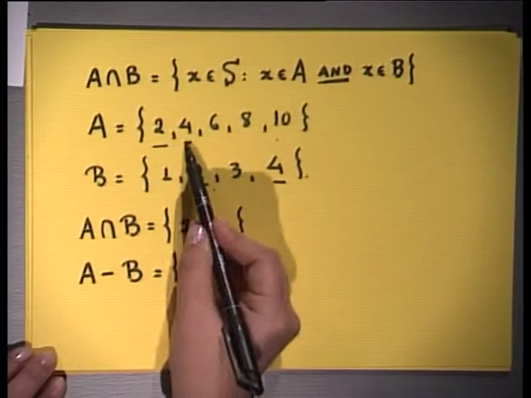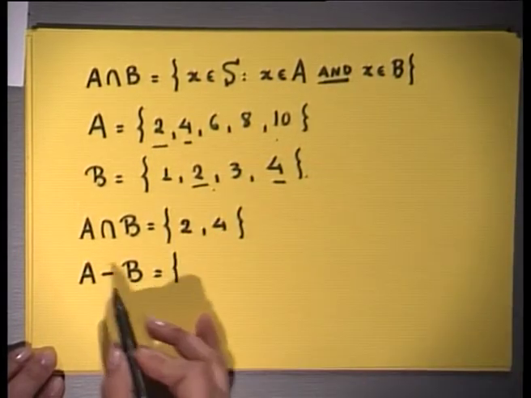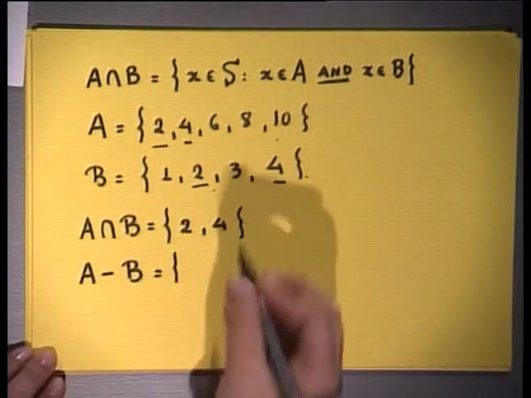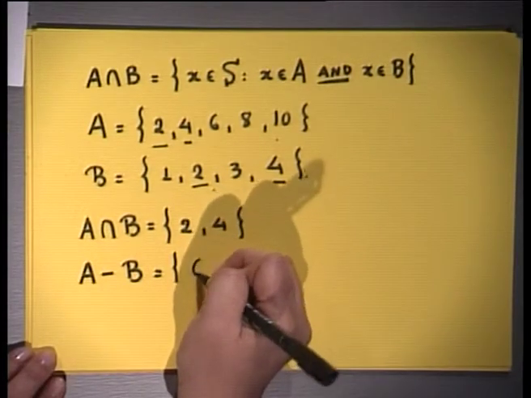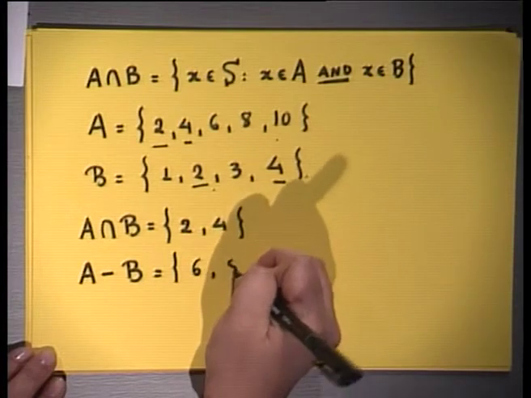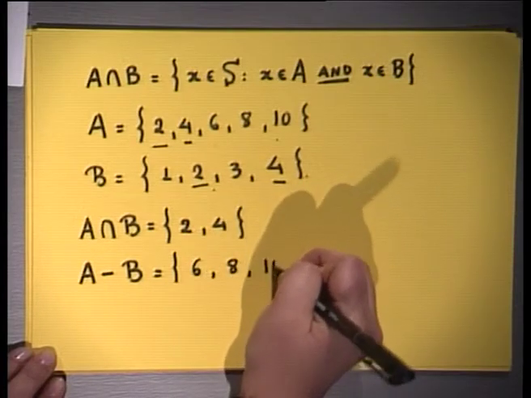We are going to leave out this, and so A minus B will be elements 6, 8, and 10.